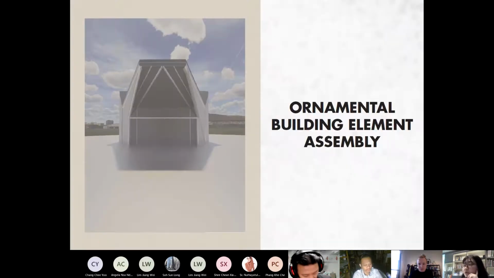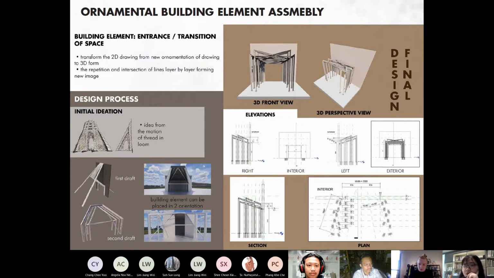Okay, coming to the next one, which is the ornamental building element assembly. After I had my abstract art, I tried to translate it from 2D into 3D. I'm still taking the point of repetition and intersection of lines, and layering, so it forms a new kind of image. Everything also starts from the loom, which I captured in the previous one.